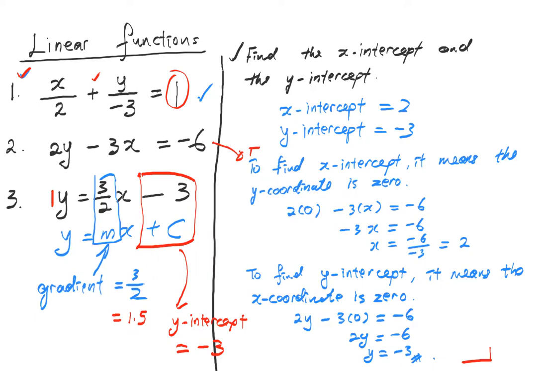So let me draw the graph and let you figure it out. I sketch the graph. Just now I know the x-intercept is 2 and the y-intercept is -3, correct? So the linear graph should go in this way, through -3 and 2.